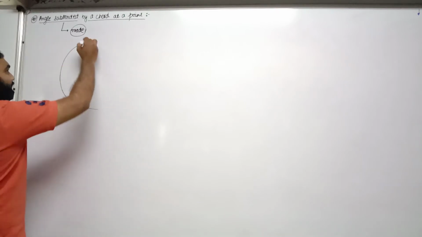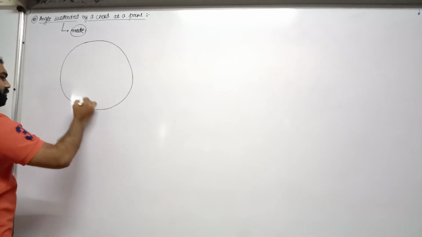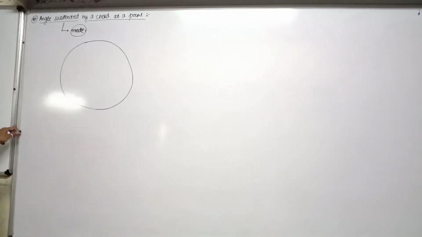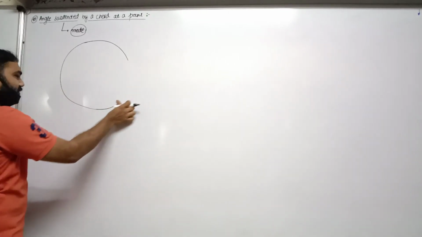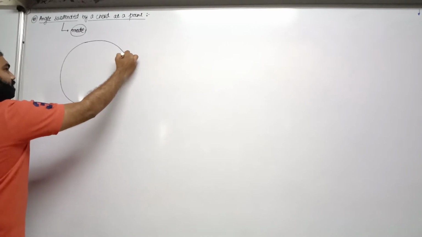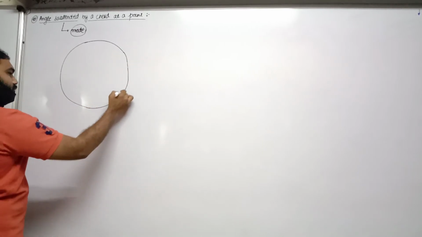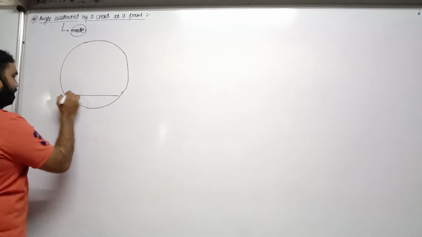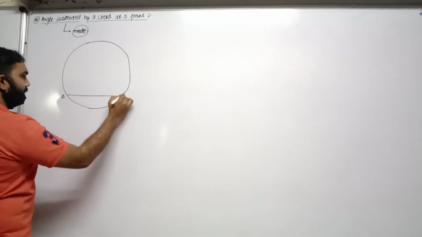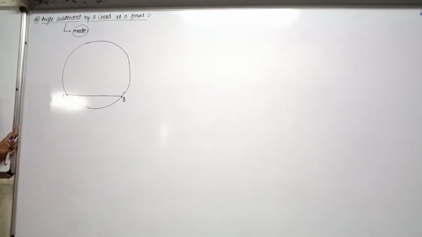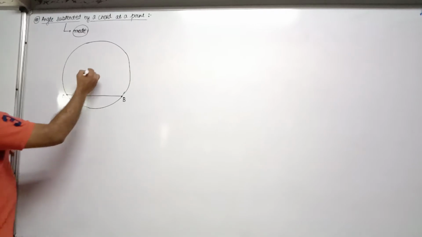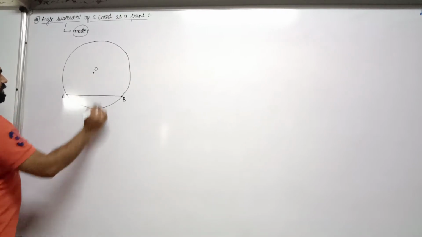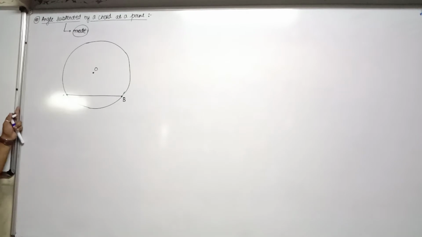So suppose I draw a circle, it doesn't look like one, right? And if I draw a chord here, A and B, having both endpoints on the circle, and the center is O. Now the endpoints of the chord will subtend an angle.